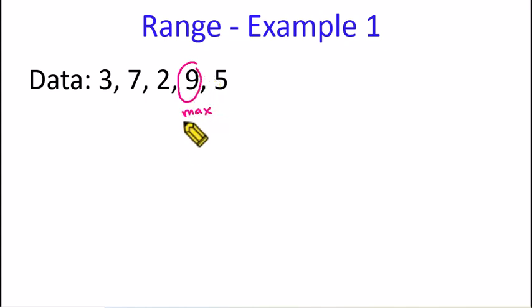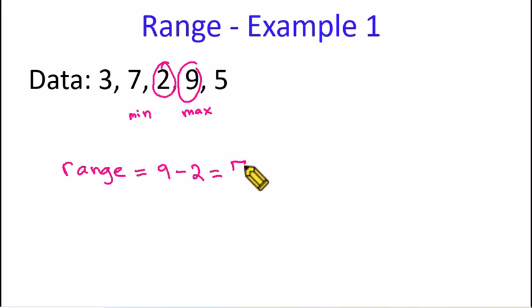And then the smallest number is 2, that is the minimum. So the range will be the maximum value minus the minimum value. So it's 9 minus 2, which is equal to 7. Again, make sure that you order the numbers from least to greatest if they are not in order, or just look carefully upon the data to identify the minimum and the maximum value.